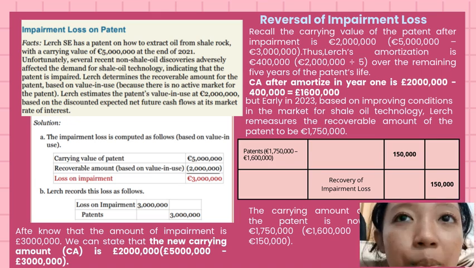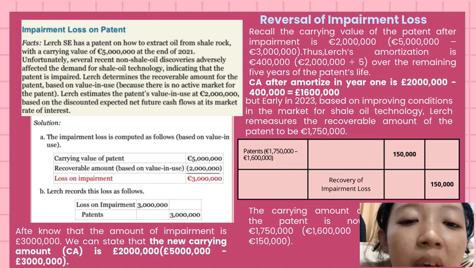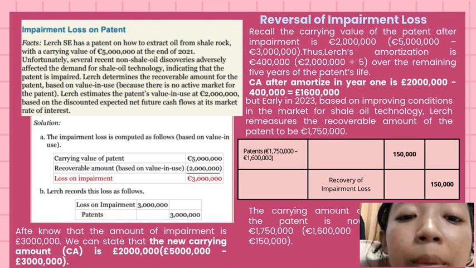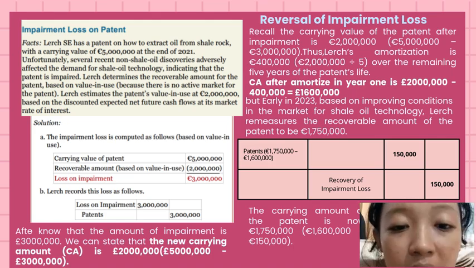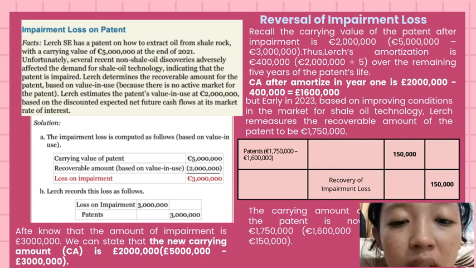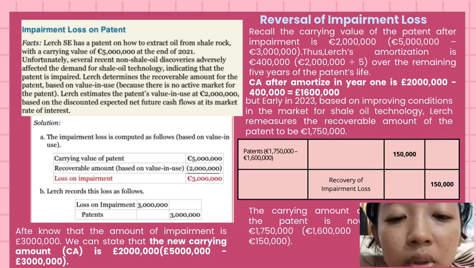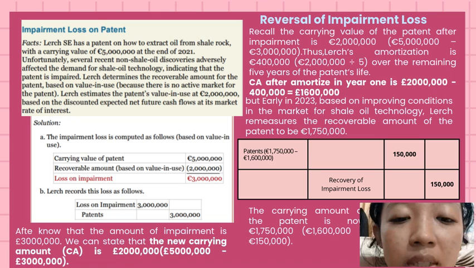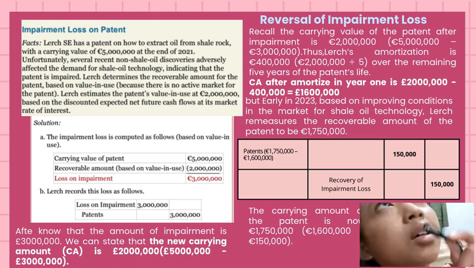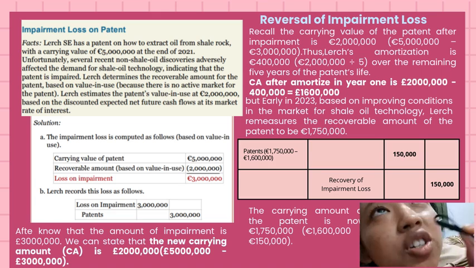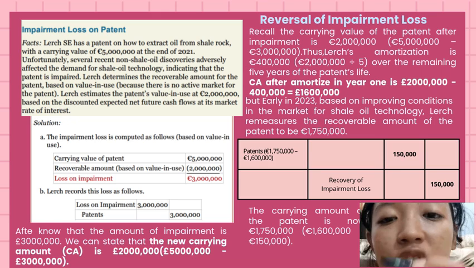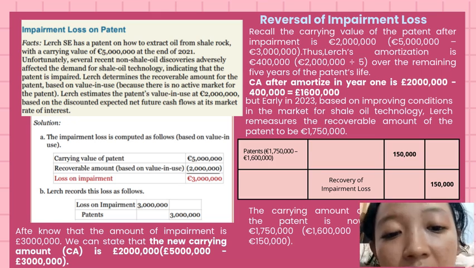And then how about if in the future there's some change in the impairment? What we do is a reversal of impairment loss. How we do that is we just find how much it increased, and then we reverse the journal.